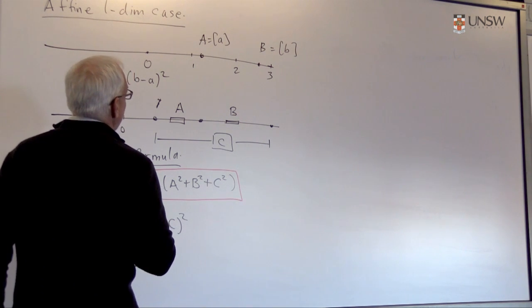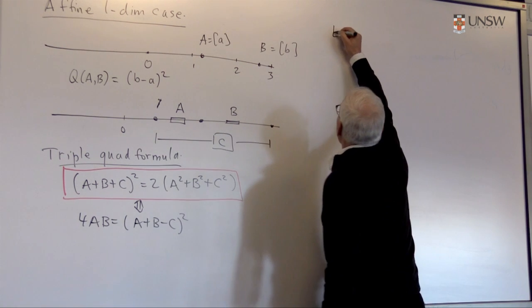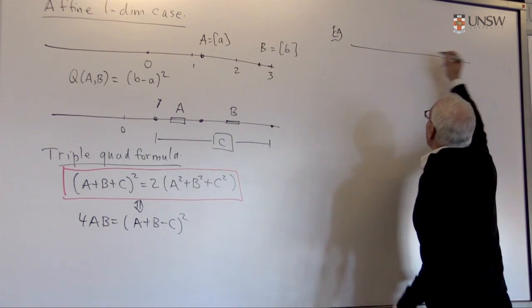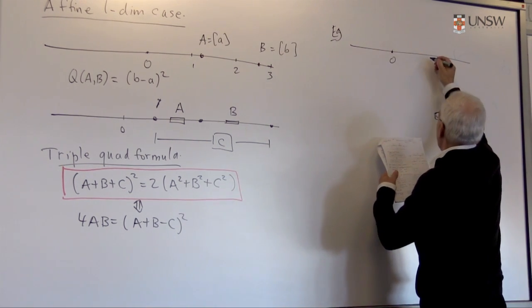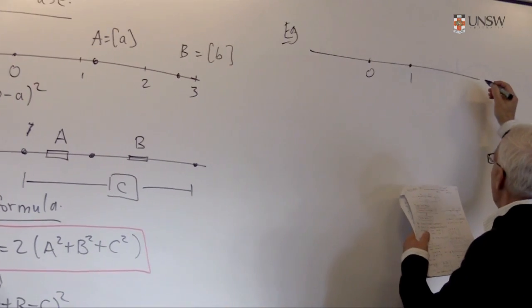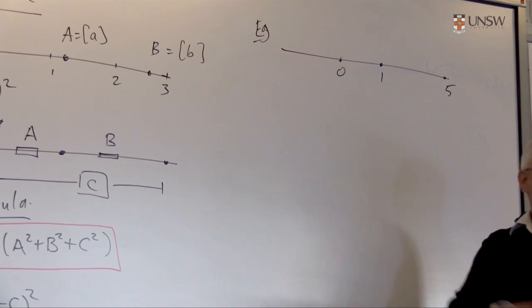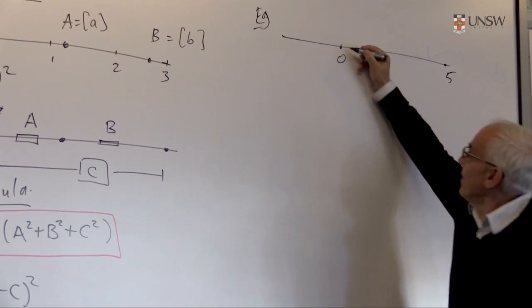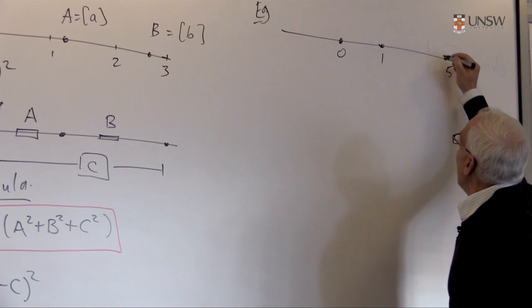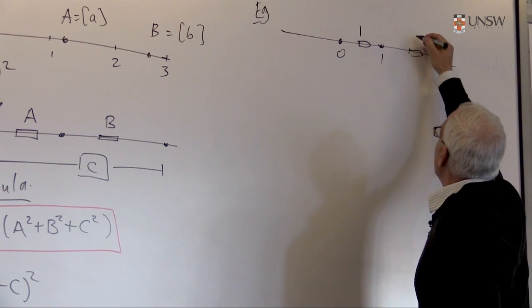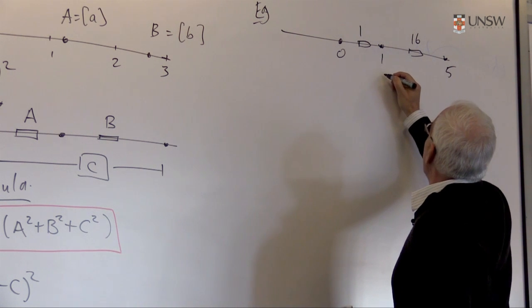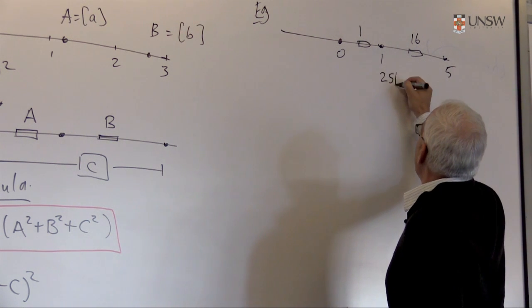Suppose that our points were, say, 0, 1, and 5. Those are our points. Then the quadrances are 1, 16, and 25.